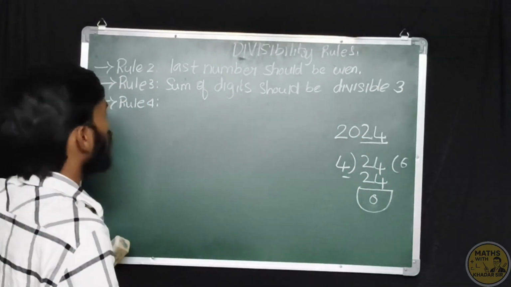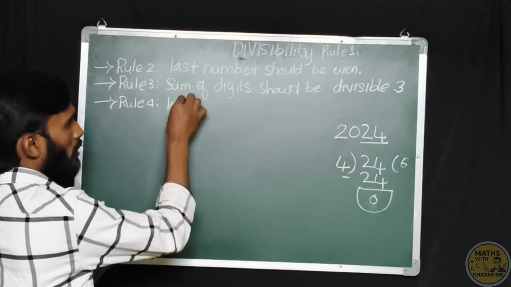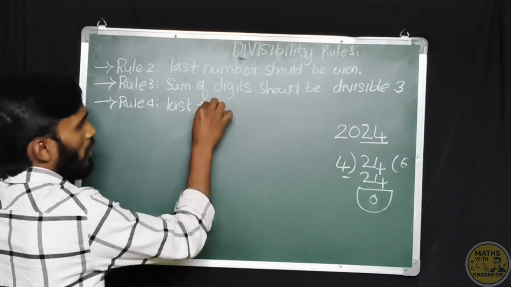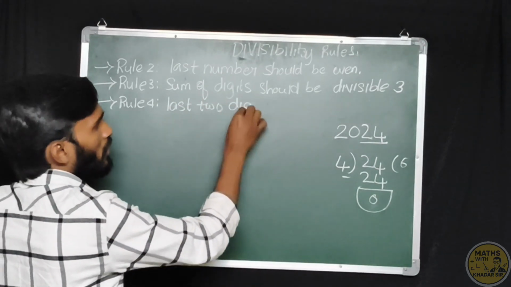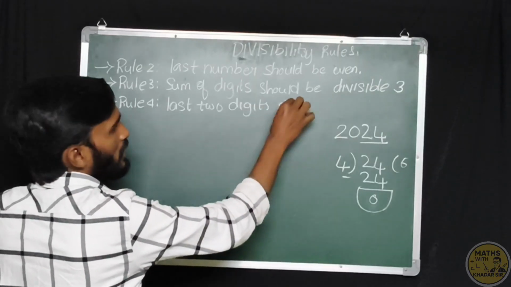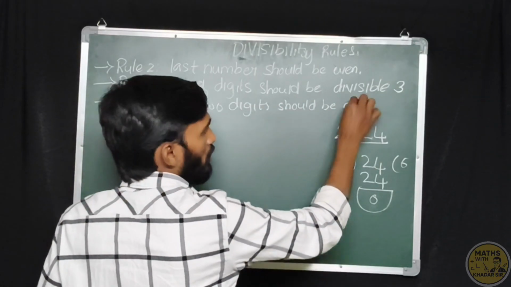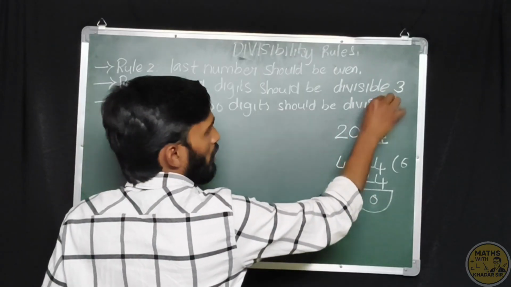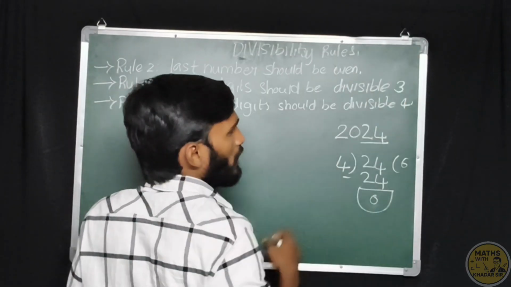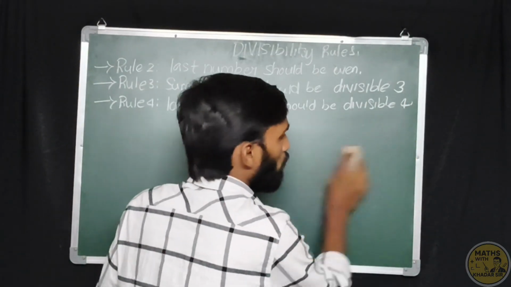That means the divisibility rule of 4 is that the last two digits should be divisible by 4. This is the divisibility rule of 4.